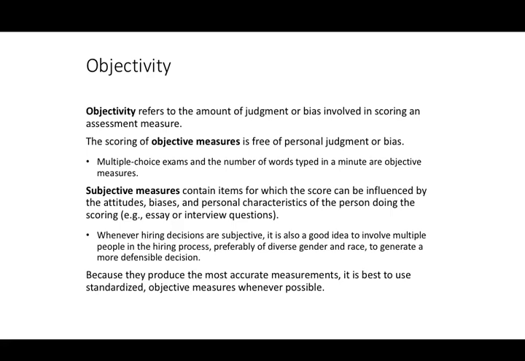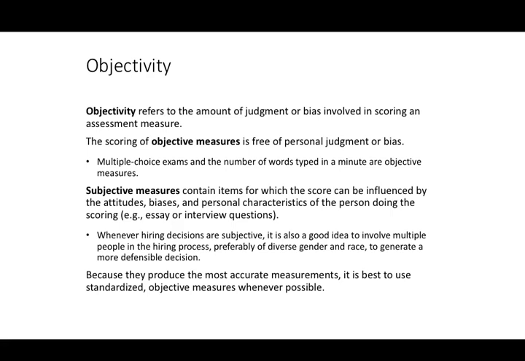So anytime we use subjectivity, we have to recognize that there may be some hidden biases in our subjectivity and the way that we assess people based on sex, gender identity, race, religion, you name it. So we have to be careful that we are using as many objective measures as we can, but recognize that subjectivity can enter the process, and we've got to be managing that and mindful of that.